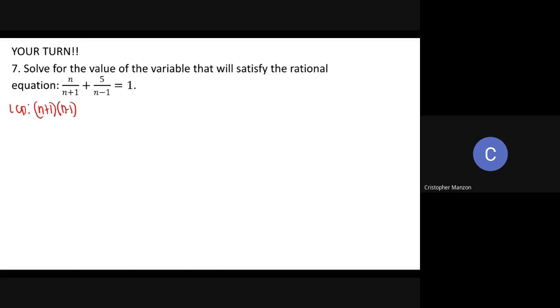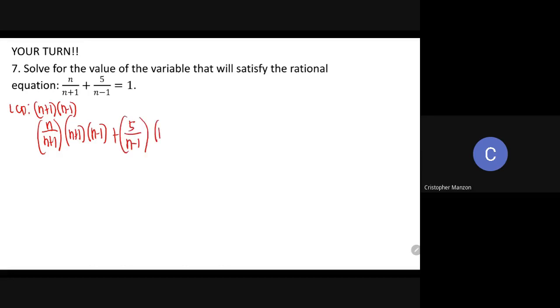Sige, we are running out of time. Okay lang kung di nakuha, ano? We'll solve. Tingnan natin kung saan kayo dumikit. So it's n plus 1 kasi last 4 minutes na lang, ano? n over n plus 1, this is n minus 1 plus 5 over n minus 1.